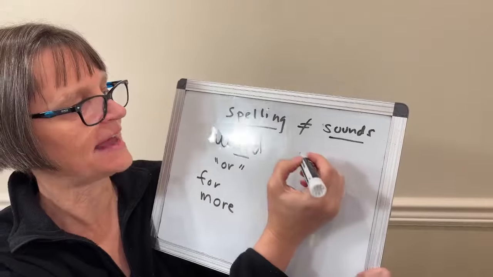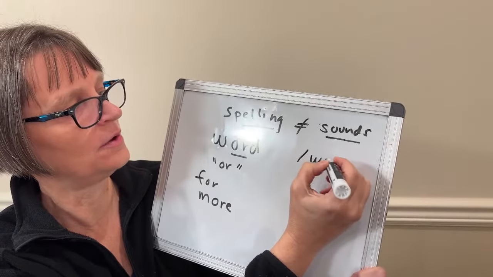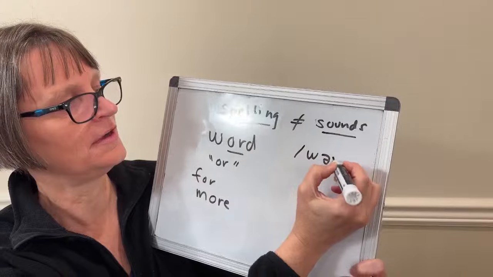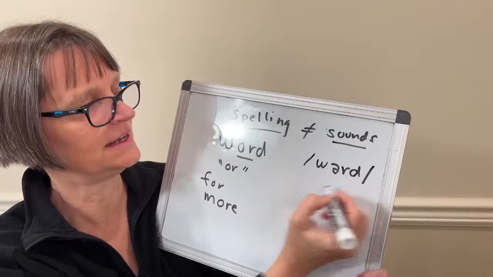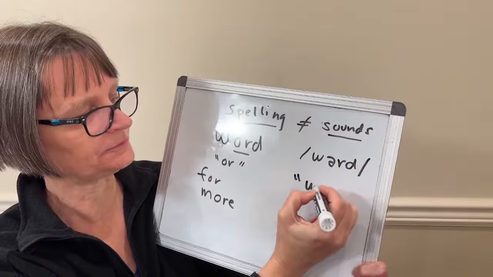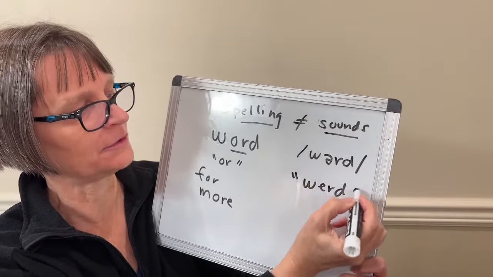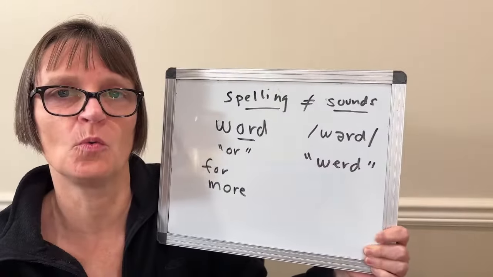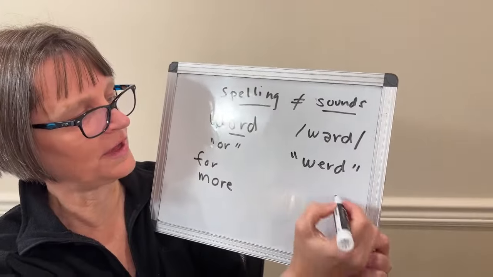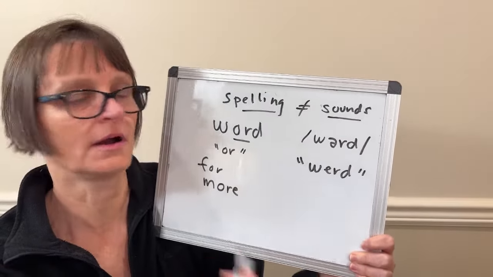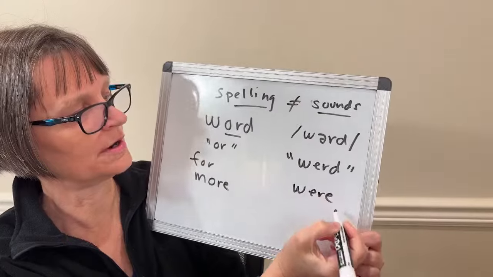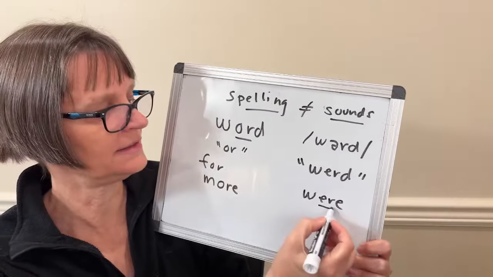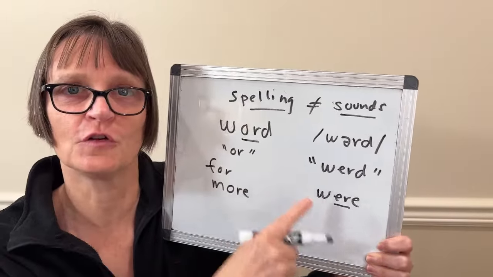In fact, the sounds of word are the W for the W, the ER sound for the letters OR, and the D for the D. So if it followed the spelling rules, we would write it this way, or we could write it with IR or UR. But basically, it's the same as in the word were, where those letters ER do say ER for were.